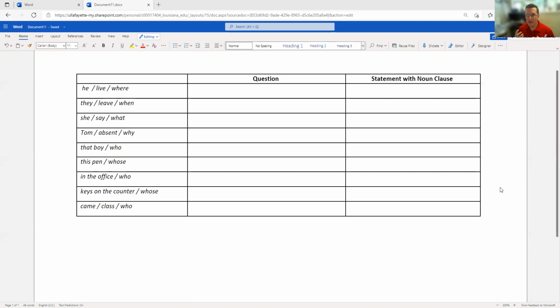Students who are learning English spend a lot of time learning how to correctly form a question in English. Forming questions in English is not easy, and it's very different from many other languages.